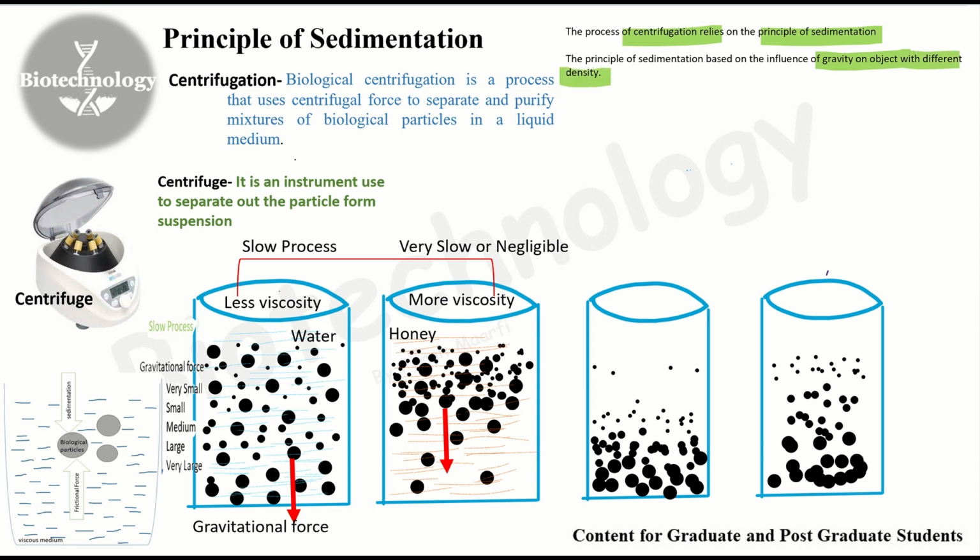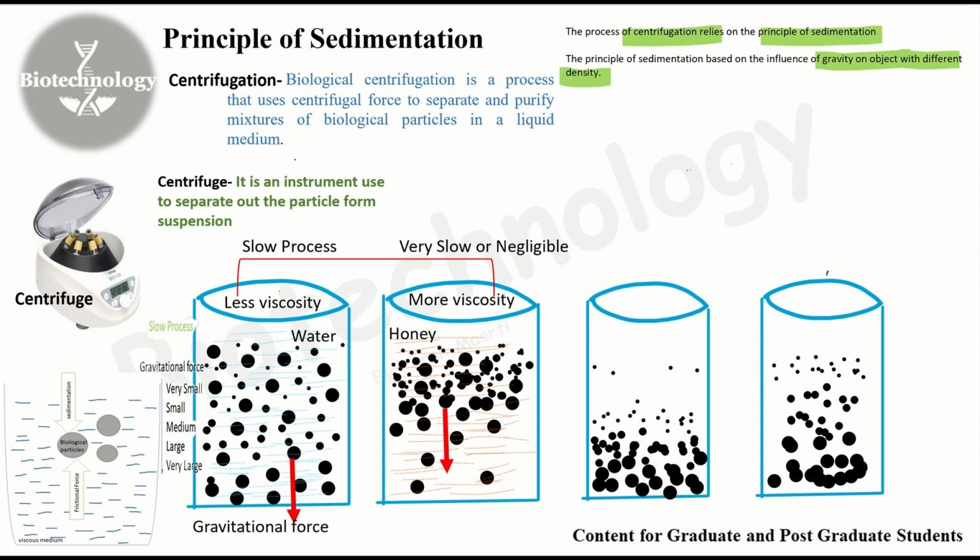If the objects have different density, the influence of the gravitational force will be different on each object depending upon their density. In essence, sedimentation is all about gravity acting on particles suspended in a fluid. Fluid may be water, causing them to settle based on the density and size.